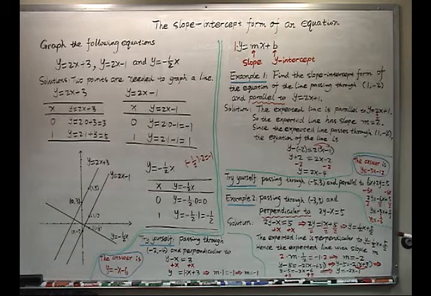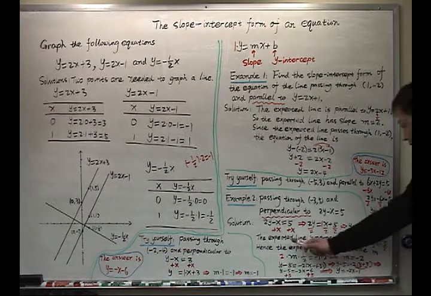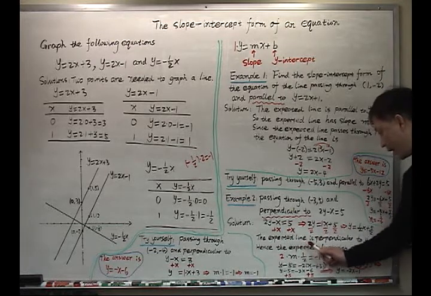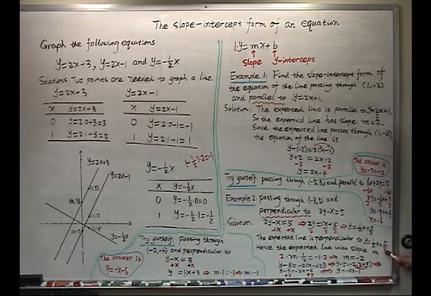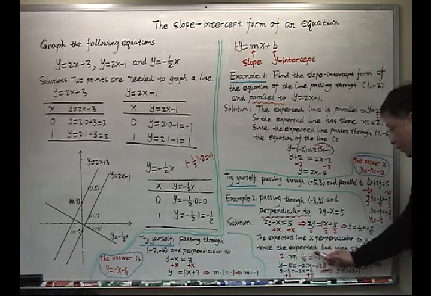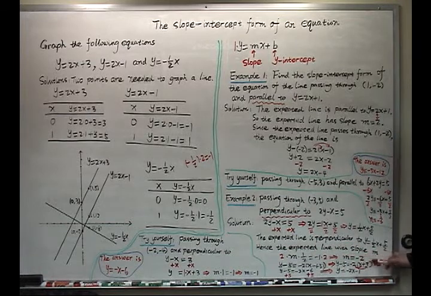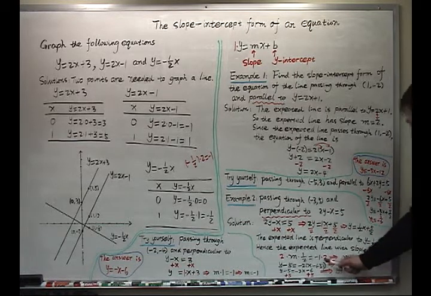And our line is perpendicular to this one. Then the expected line, with slope m, times this slope, 1/2, should give -1.